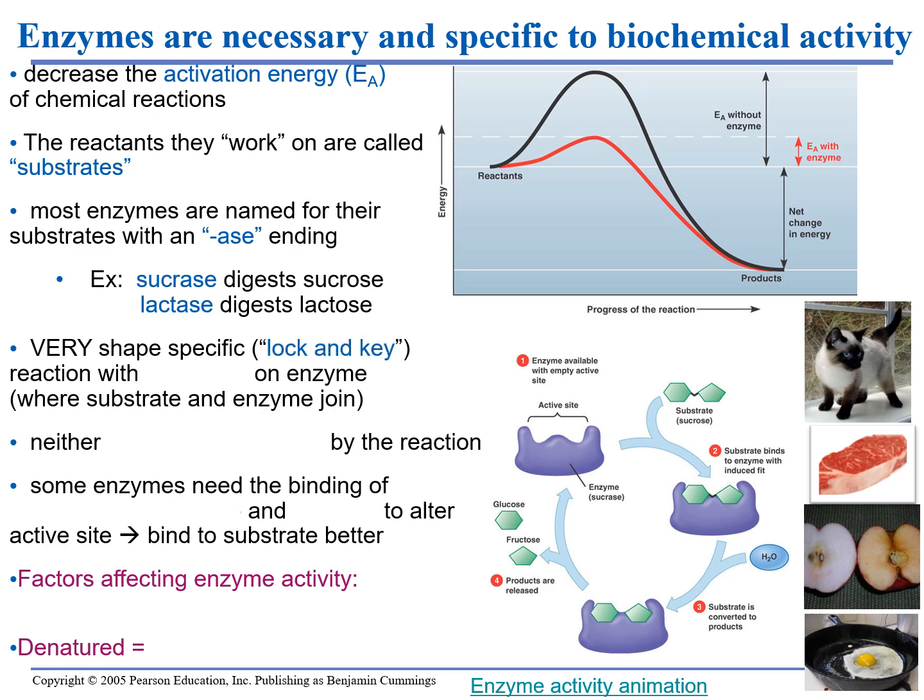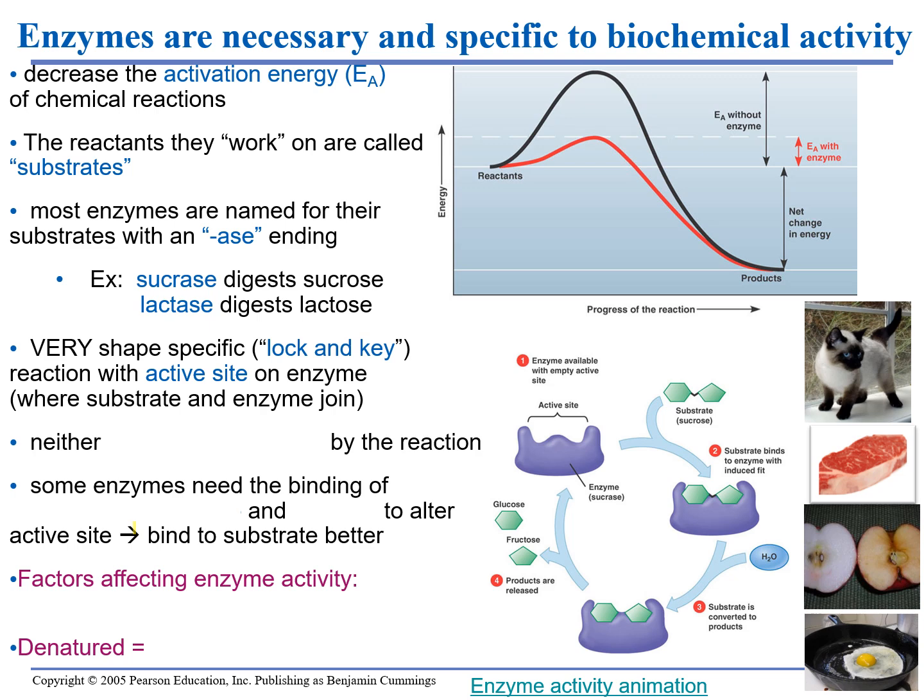The reaction with the substrate and the active site joining on the enzyme. So the active site is where the substrate and the enzyme join. You can think of the active site as the keyhole if you're thinking of this as a lock and key.